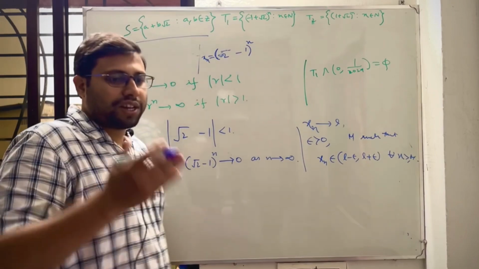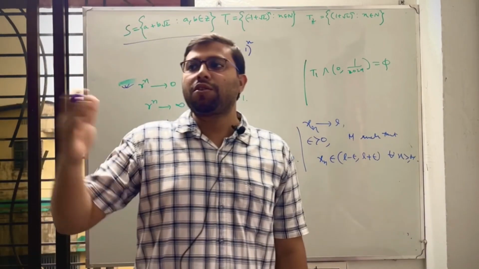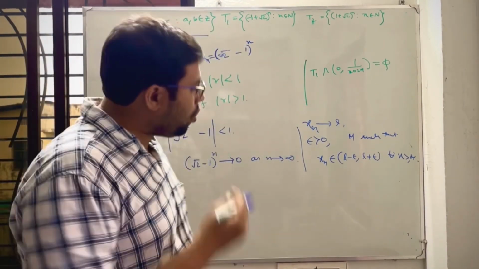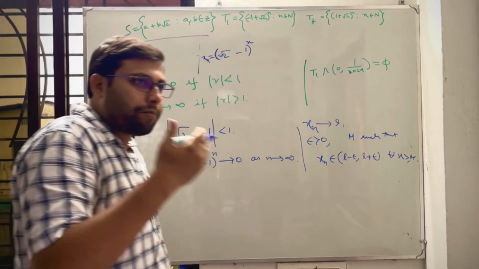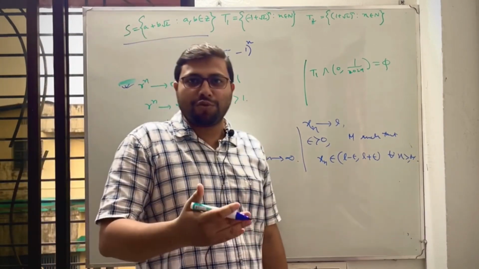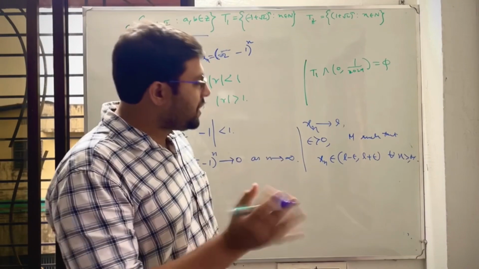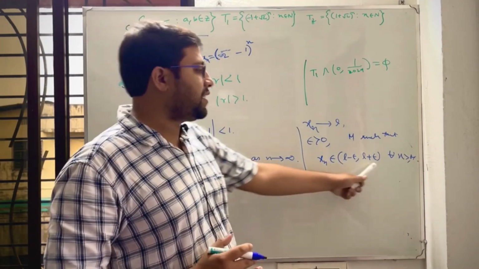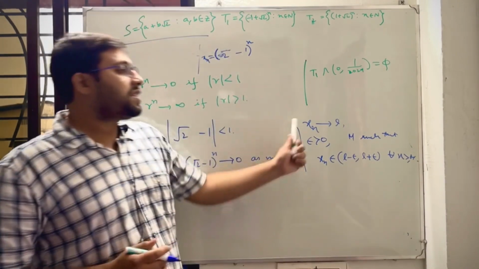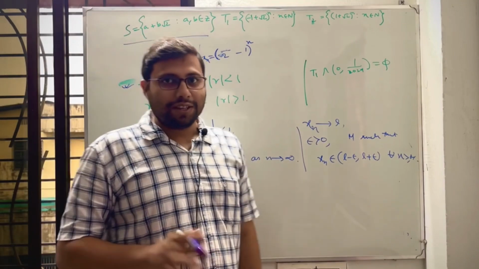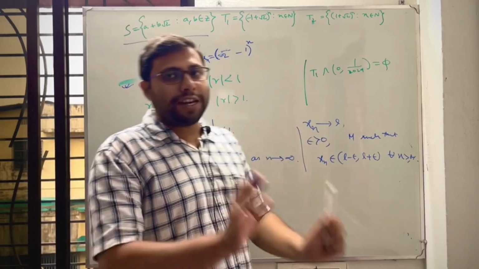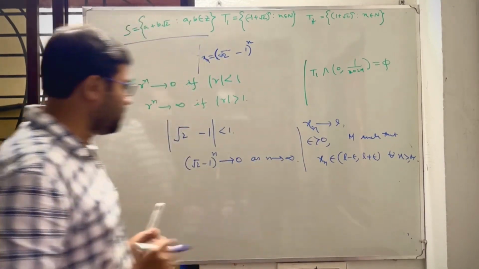That is, after x1, x2, x3, x4, up to xm, from xm and xm plus 1, xm plus 2, and so on, all the elements of this sequence will lie in this interval when xn converges to L. This is the fundamental idea of convergence.